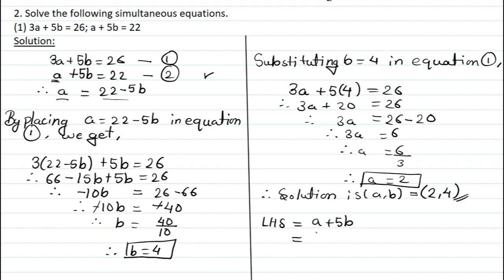This one. 2 plus 5 times 4. That equals 2 plus 20 equals 22. See, we are getting 22, which is your RHS, that is your right-hand side, meaning our solution is correct. This is your correct solution.